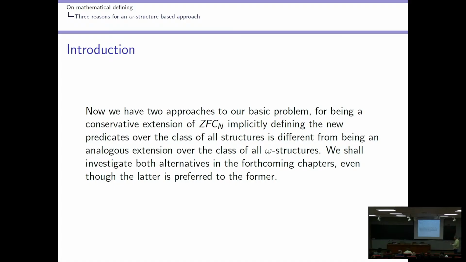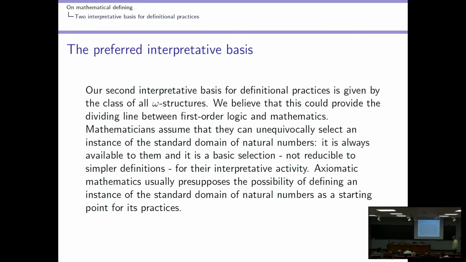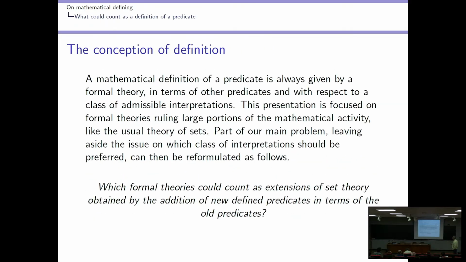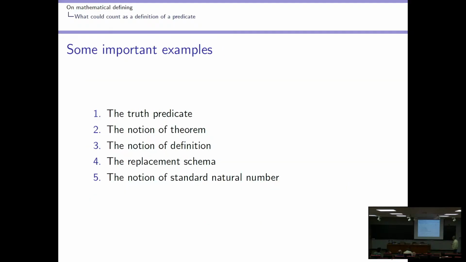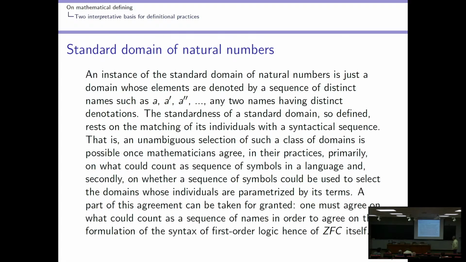So we have the first order based approach and the omega logic based approach for definitions, and they are different. We shall investigate both alternatives, but the latter is preferred to the former, right? Because with all of these examples, definability can be treated in the same way, and also the notion of standard natural number.